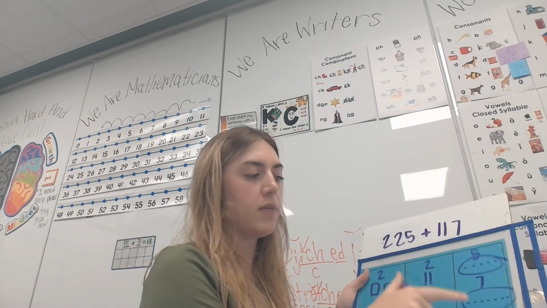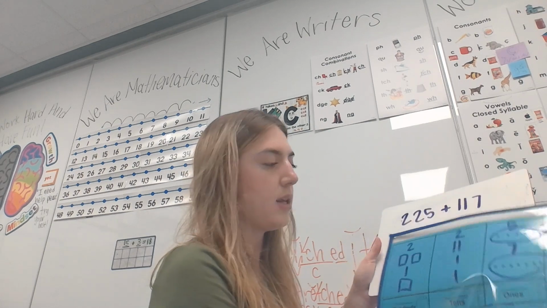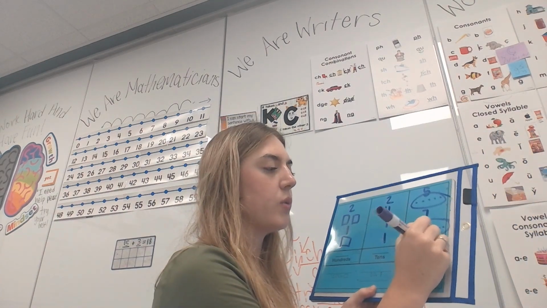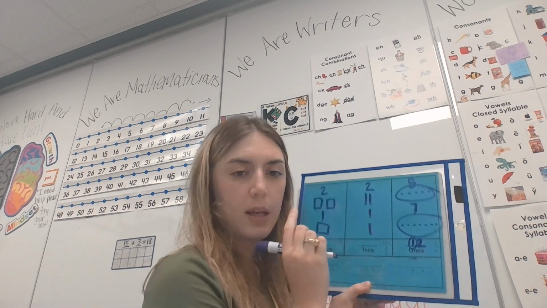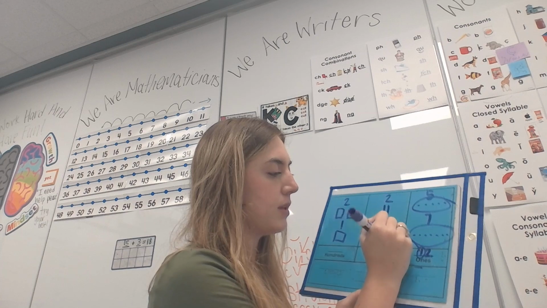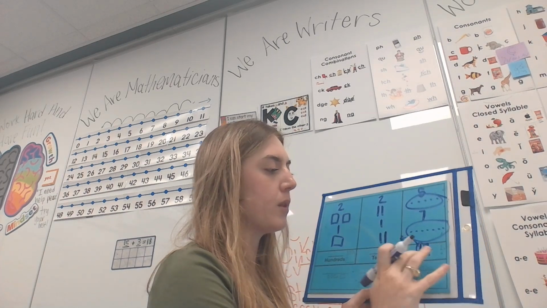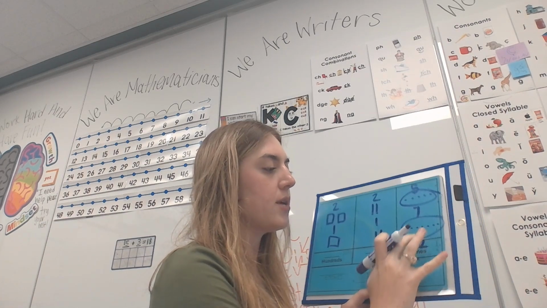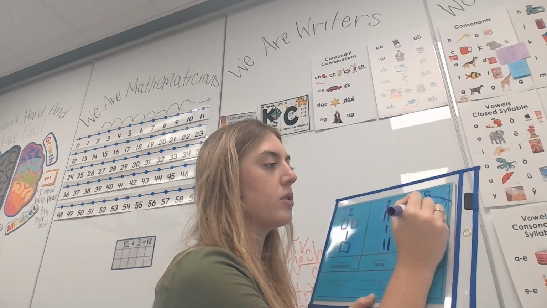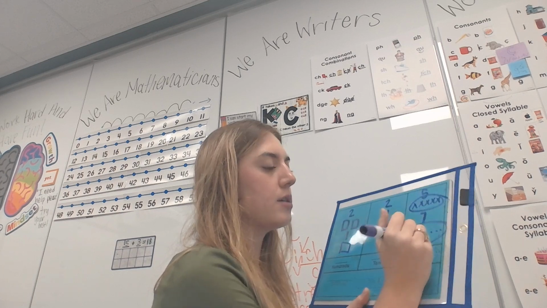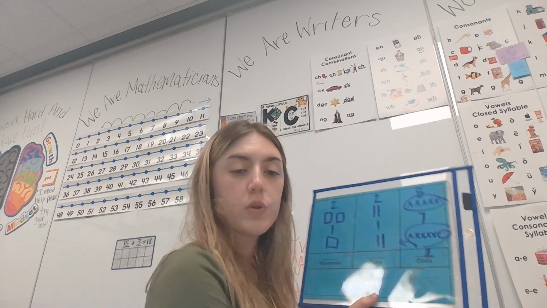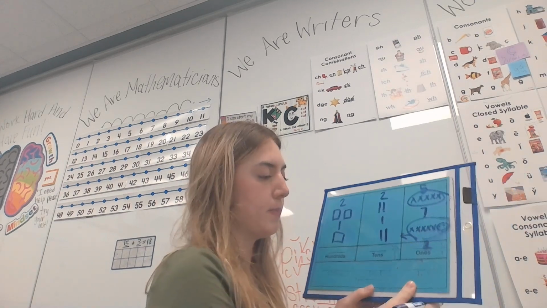I see, based off of the pictorial model, that 5 plus 7 equals 12. And I realize I cannot put 12 ones because now I have something in the tens place. So I'm going to bring that 10 over and stick it right in that spot. Take it away from here and just keep my 2 ones. You can visualize this by crossing out 10 of your dots and just having those 2 left over after you carry it.